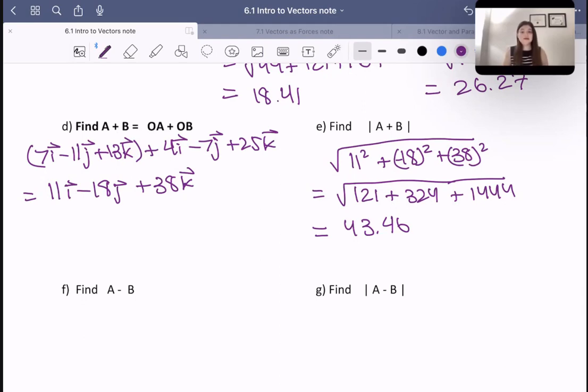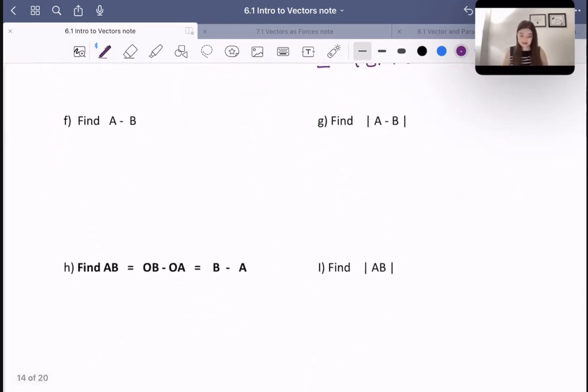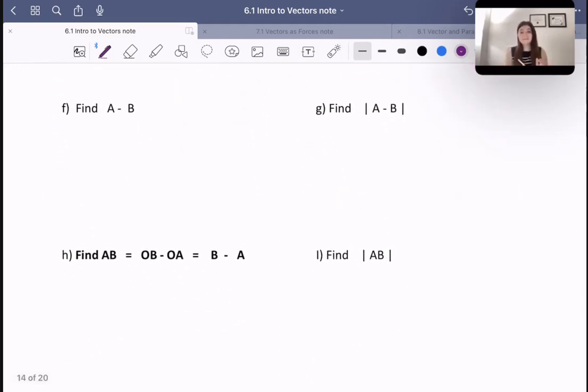And then now the same thing, we're going to take those vectors we found, we're going to subtract them, and then we're going to plug the resultant into our Pythagoras' theorem equation. So same thing again, pretty straightforward.